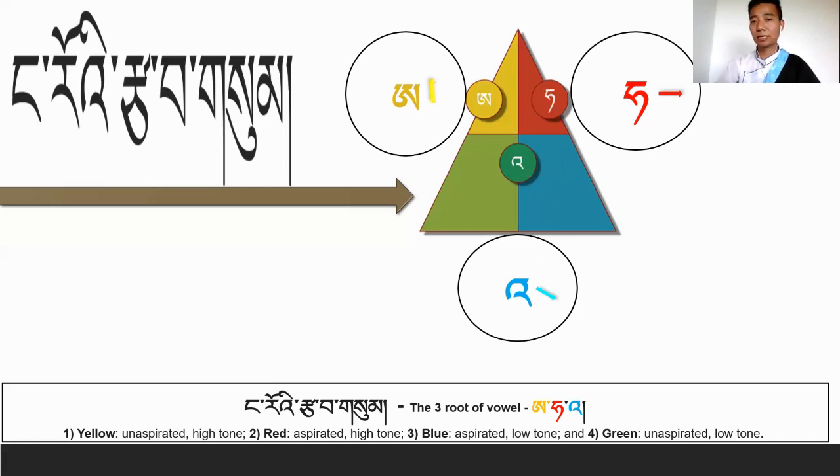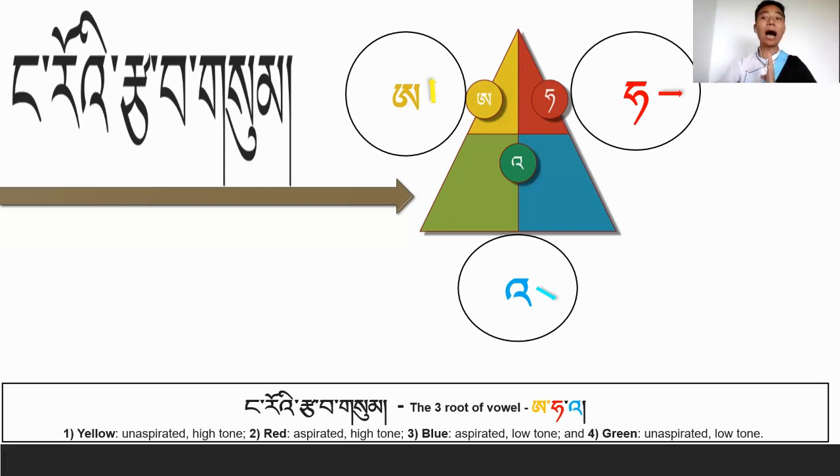Now we start to learn these three root vowels, how to read and how to write. This one is ah, a high tone.